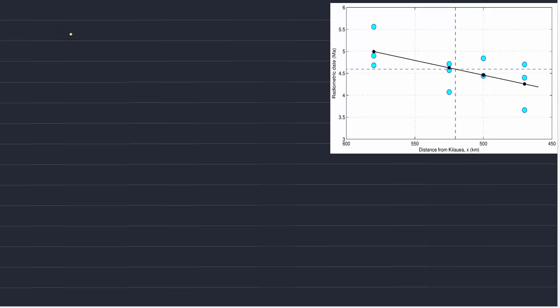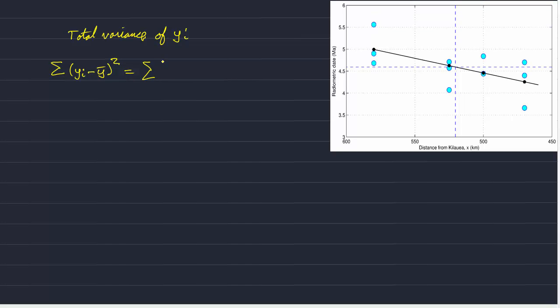So let's look at the total variance of y, our age data. The total variance is proportional to the sum over all our data points of the deviation of y from its mean squared. We would take that and divide by n minus 1 and we would get the total variance. Let's break that into two parts.